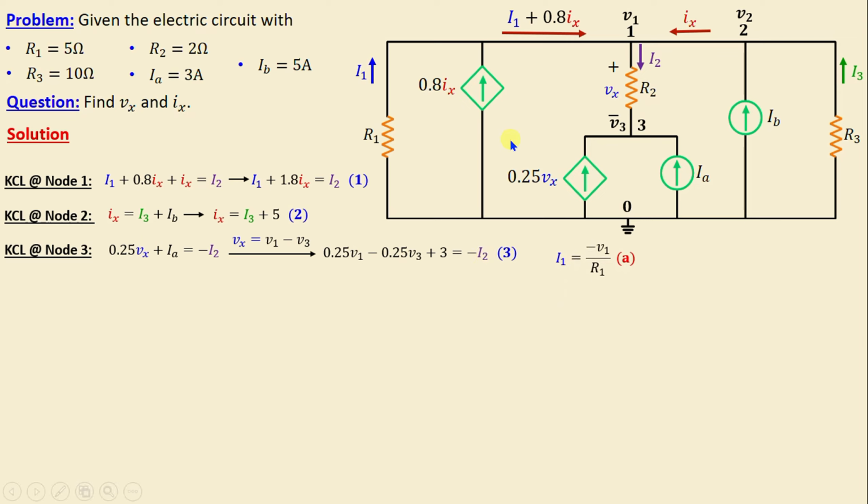I1 is equal to 0 minus V1 over R1, and I2 is equal to V1 minus V3 over R2, and I3 is equal to negative V2 over R3, and we know that V2 is equal to V1. That means I3 is equal to negative V1 over R3.